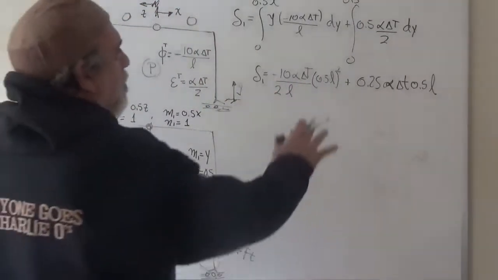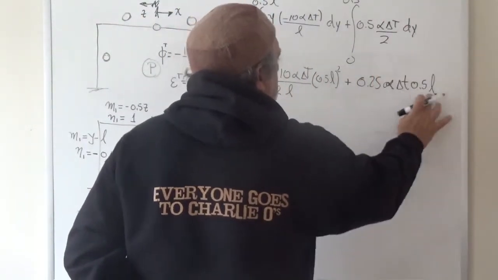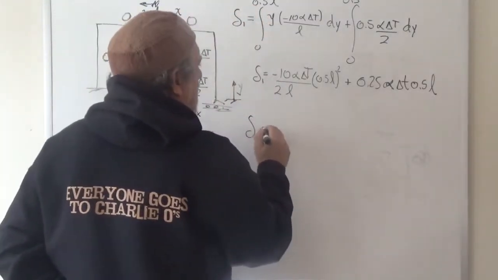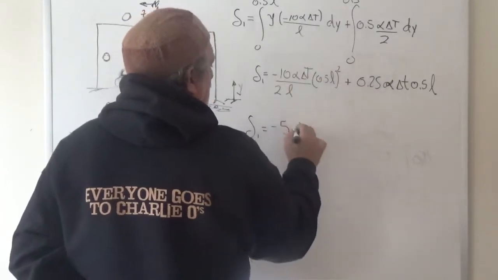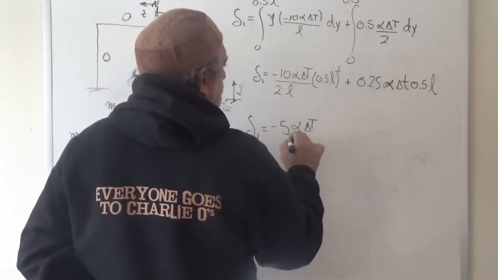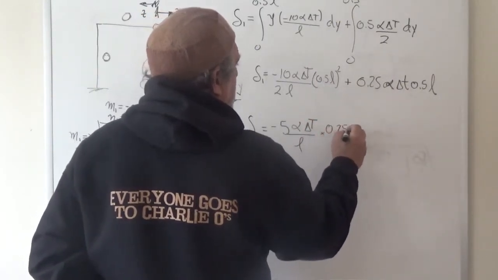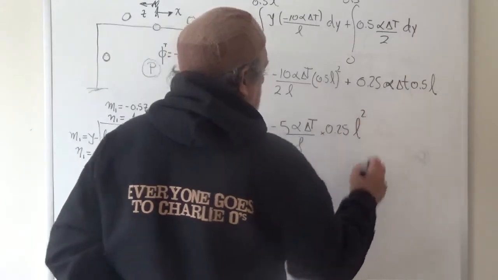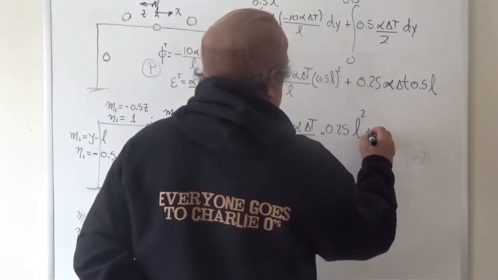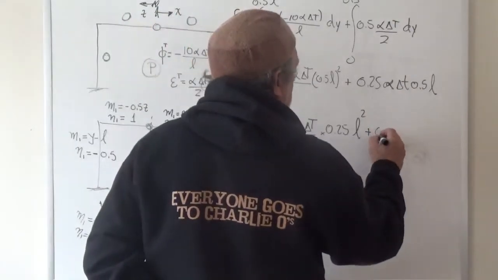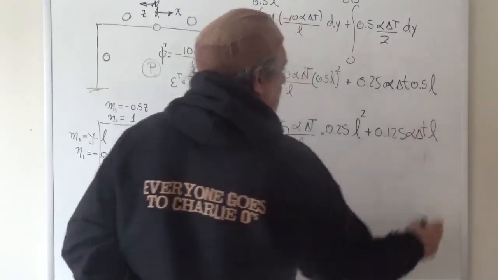And then this one is 0.25 alpha delta T times the integral of dy, which is just y, it's 0.5 L. So delta 1 here is minus 5 alpha delta T over L times 0.25 times L squared, right? Plus 0.25 times 0.5 is 0.125 alpha delta T times L.